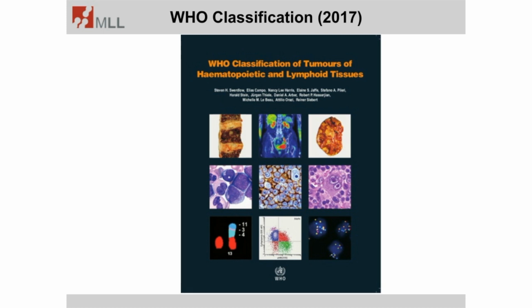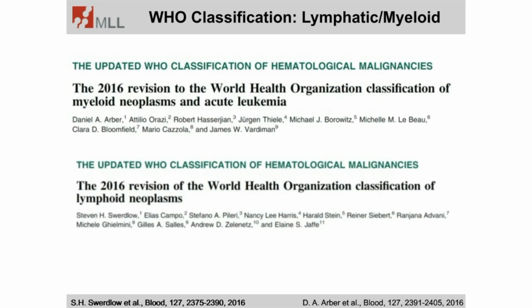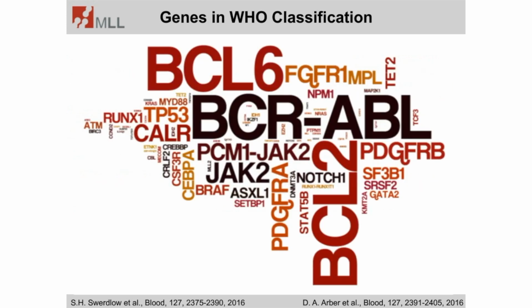Now this is different if you look at those 2 papers that have been published last year already, before the book is out, to help us classify those leukemias and lymphomas state of the art. These 2 papers published in Blood last year, on the myeloid neoplasms as well as the lymphoid neoplasms, already use a lot of molecular markers that are necessary to classify according to WHO rules.